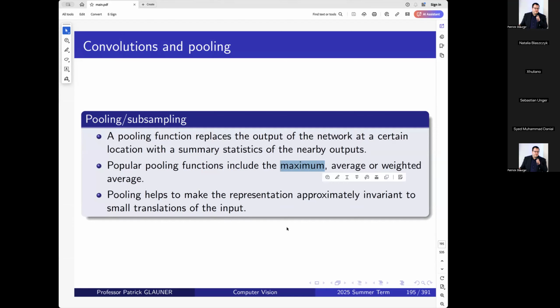Oftentimes we use the maximum. And this is a huge compression of what these convolutional feature detectors look at. Pooling helps us, again, to build even more high-level features from what these convolutions have seen. And this, again, contributes to an invariance in the input.